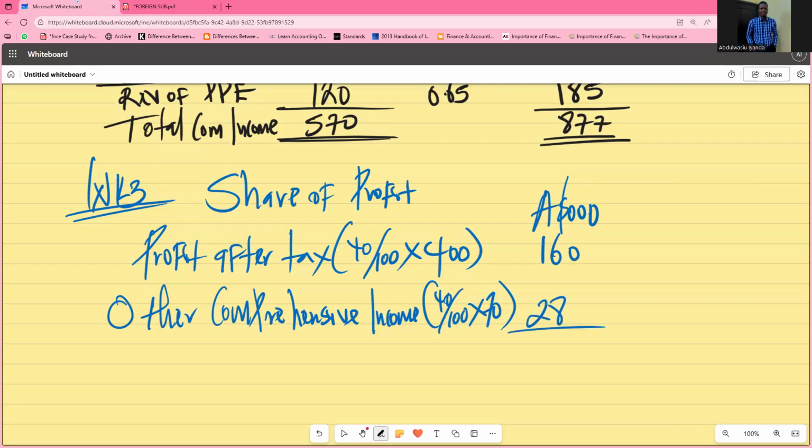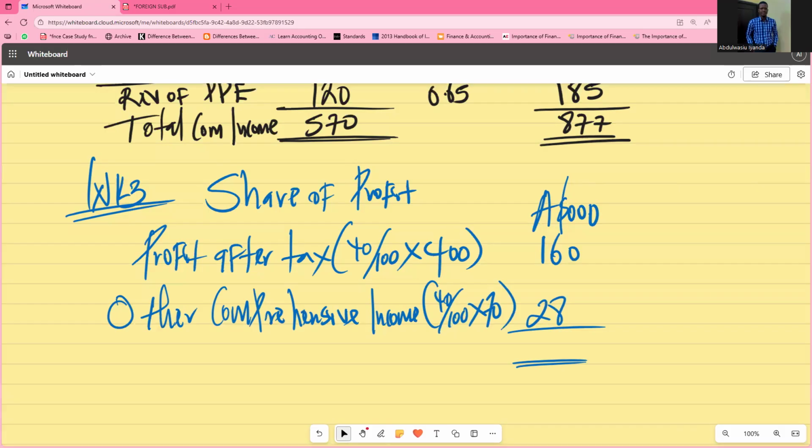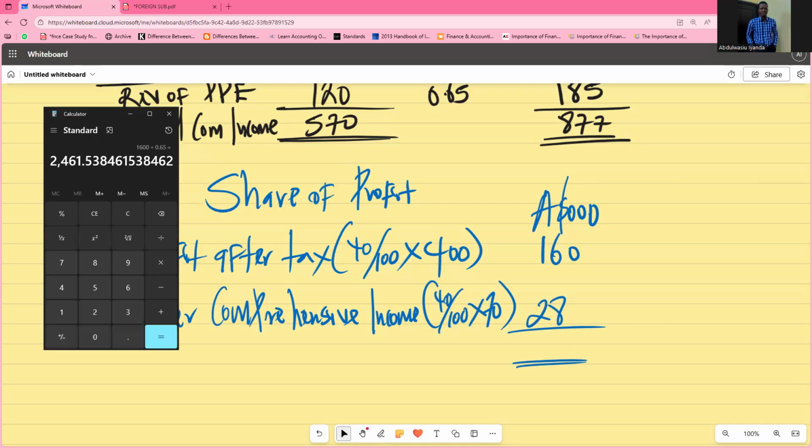Then you add everything together. We know the total profit. One thing that we can do is I can just do this, but for accounting purposes, you need to split it.